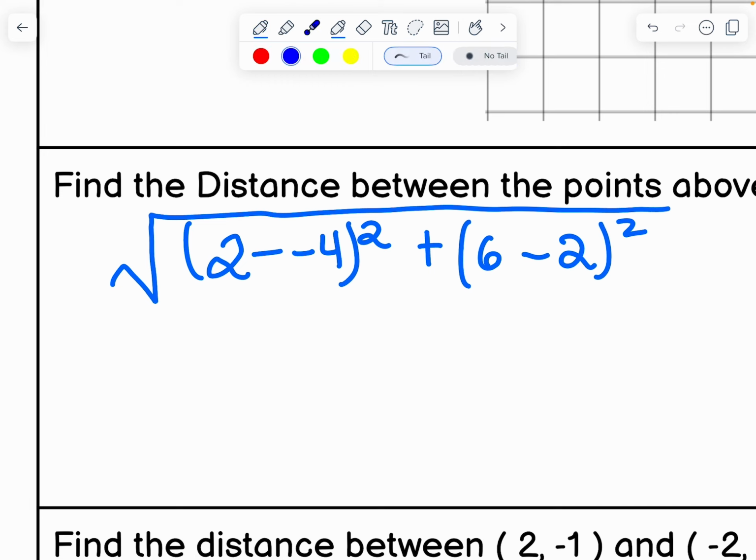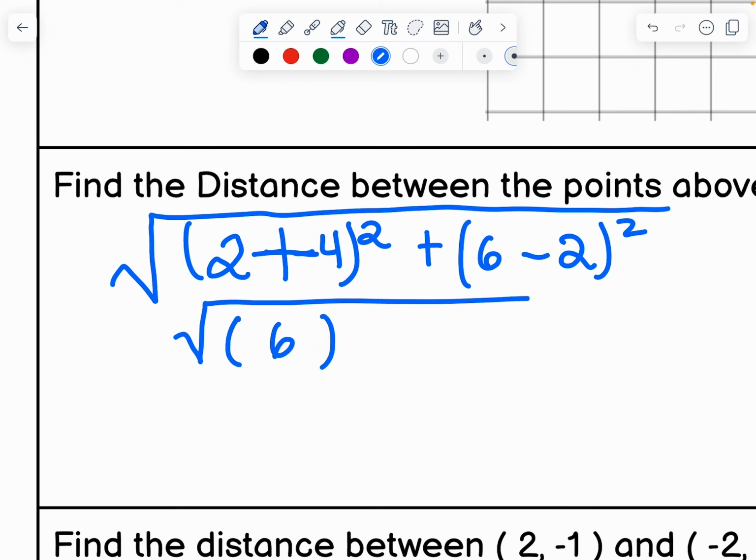So right here we have minus a negative. What happens when we have a double minus? That turns into a plus. And so now let's calculate a little bit further. We have 2 plus 4, which is 6 squared, plus 6 minus 2, which is 4 squared.